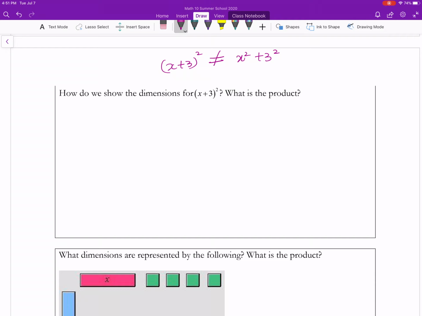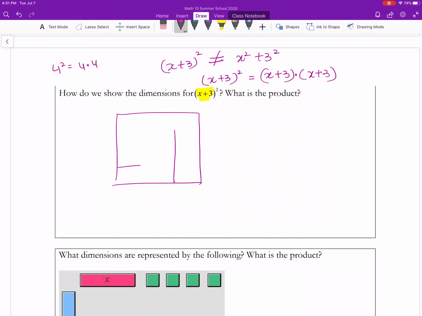So using the area model, let's find x plus 3 squared. You know, I can write 4 squared as 4 multiplied by 4. Similarly, x plus 3 squared can be written as x plus 3 times x plus 3. So again, my rectangle, x plus 3, x plus 3. x times x is x squared, 3 times x is 3x, 3 times x is 3x, 3 times 3 is 9.